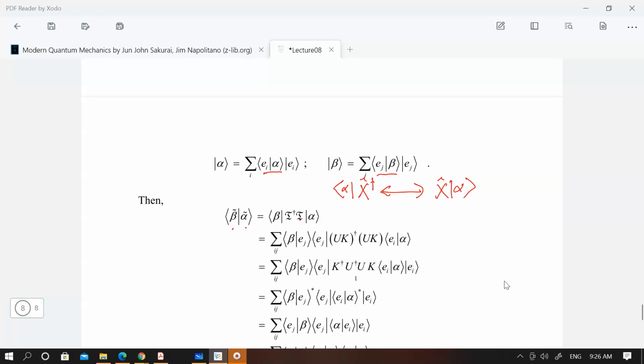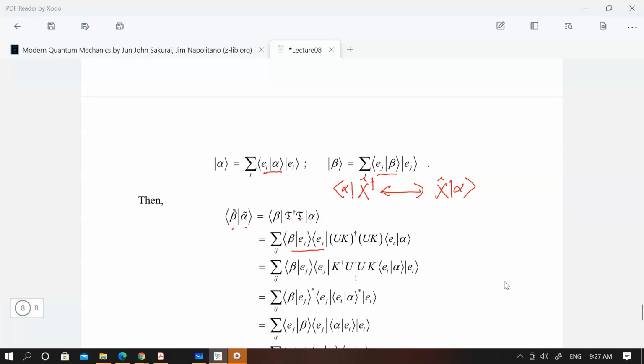So in this particular case, we have that duality for your beta alpha, and then your beta, you need to decompose this according to the basis. So I have that.